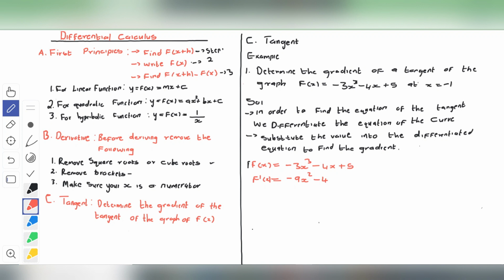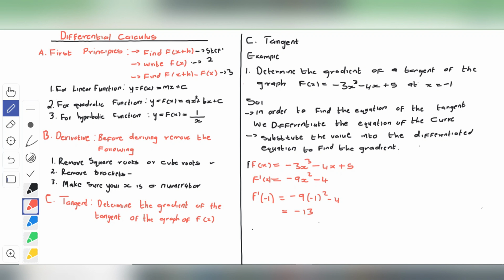So where we see x, we're going to replace it with negative 1, right? Therefore, the first derivative at x equals negative 1 is equal to minus 9 into negative 1 squared minus 4, which I believe is going to give us negative 13, right? Therefore, we are done solving this question.